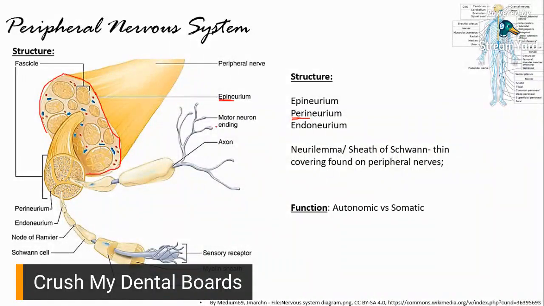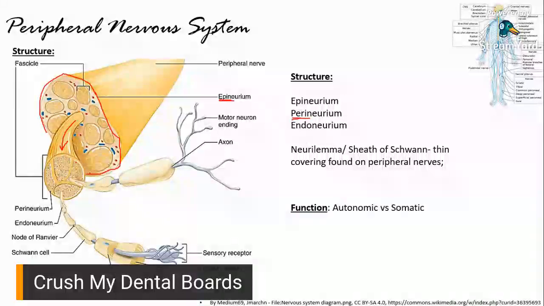Your perineurium, it's right here. So if this is one whole bundle, inside the bundle you have several fascicles. What are fascicles? Fascicles are also groups of neurons. Okay, so let's take this fascicle out as an example. Now in this fascicle right here, you have so many different neurons.